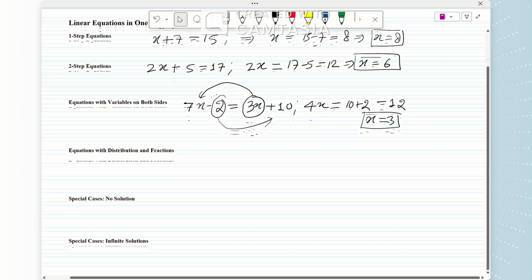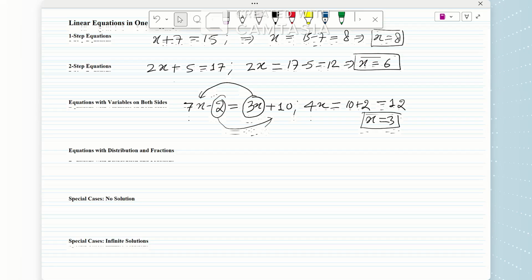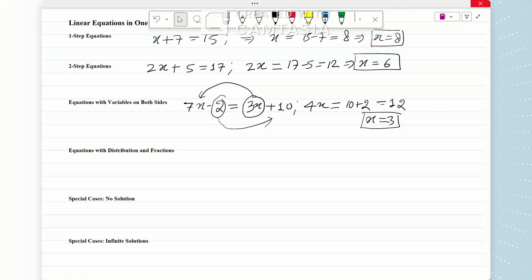Now you may have an equation which may require you to carry out distribution or use the distributive property. Okay. All right. So let's say you have an equation of something like this to be solved. So you have 3 brackets x minus 2 is equal to 18. Okay.